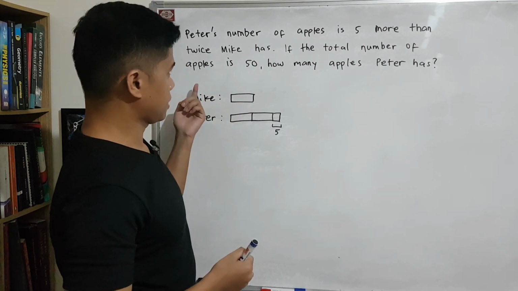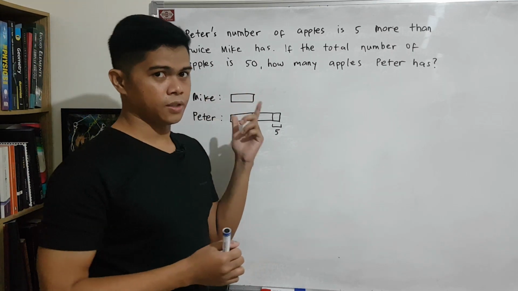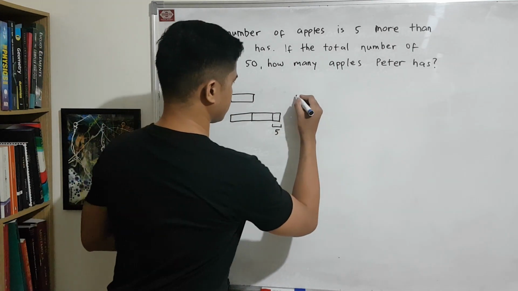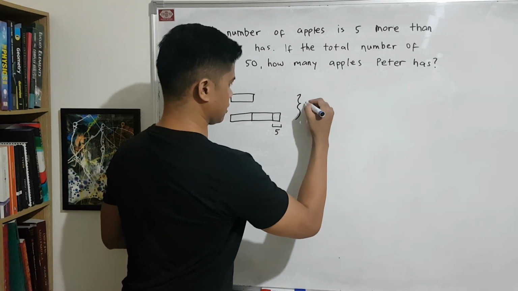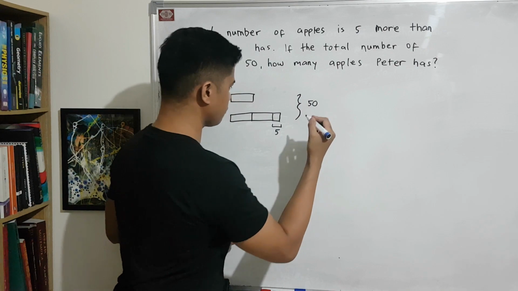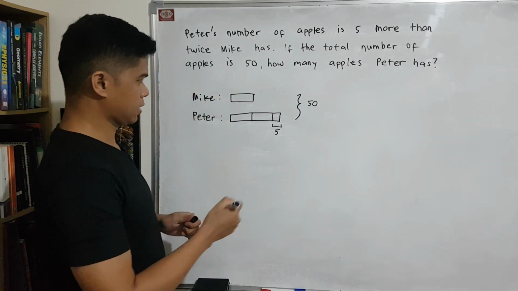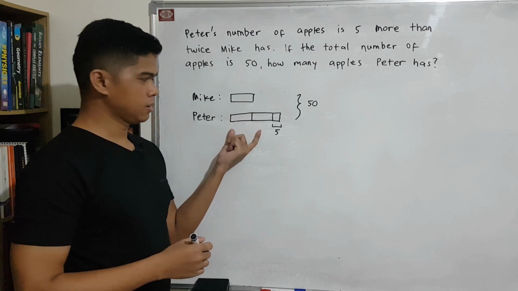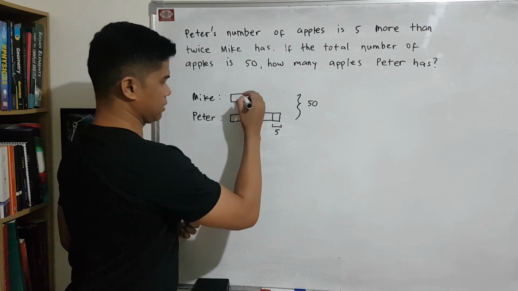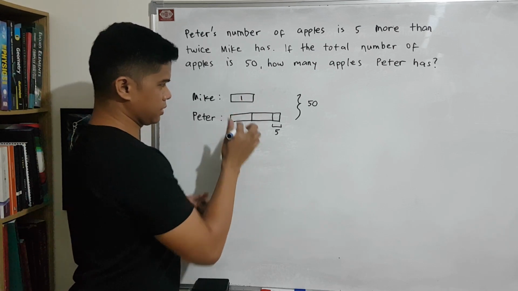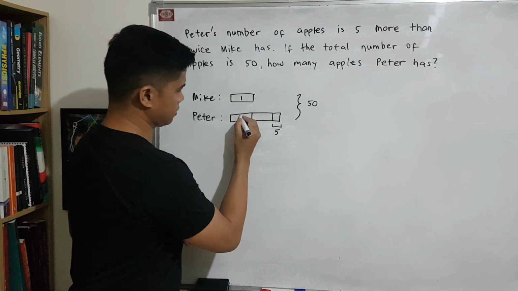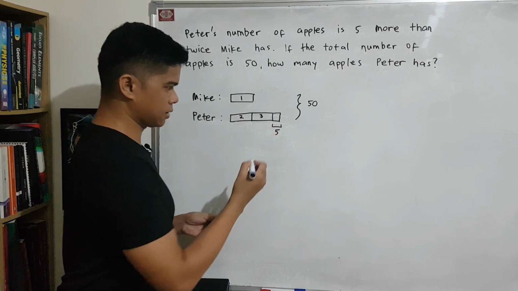So in the second statement, we have 50 total apples. So the sum of all these parts is 50. Now, as you can see, we have three parts. So this is the first part, second part, and third part.